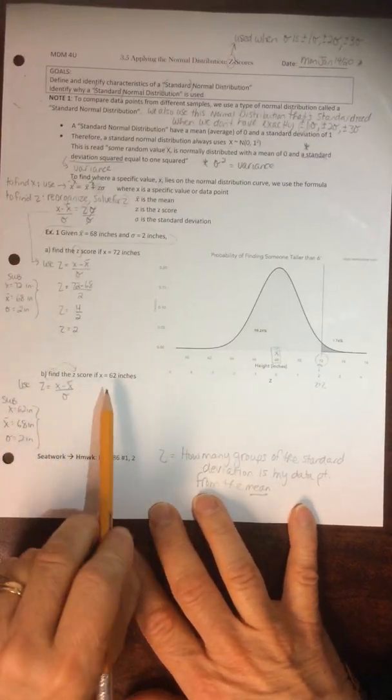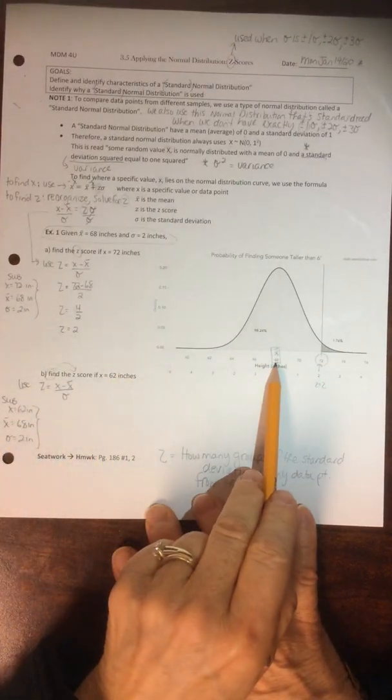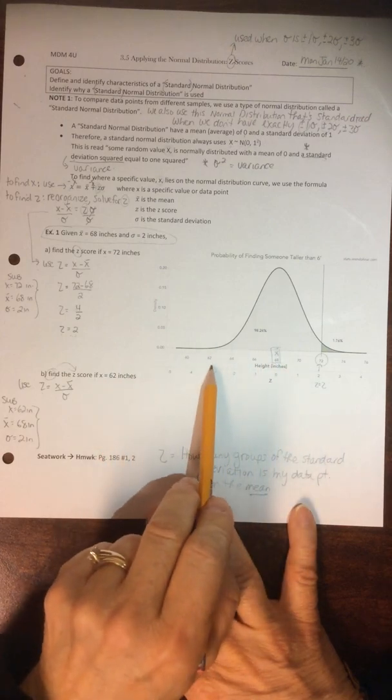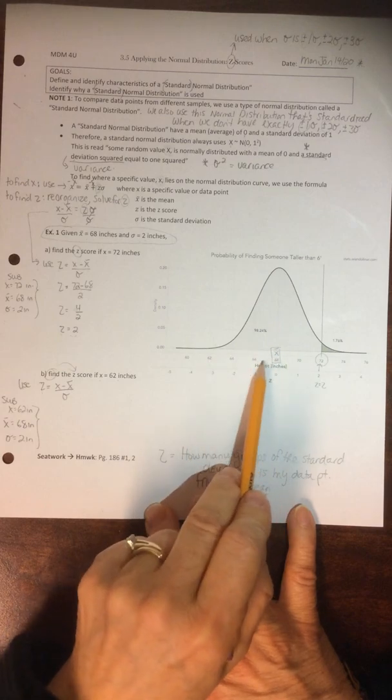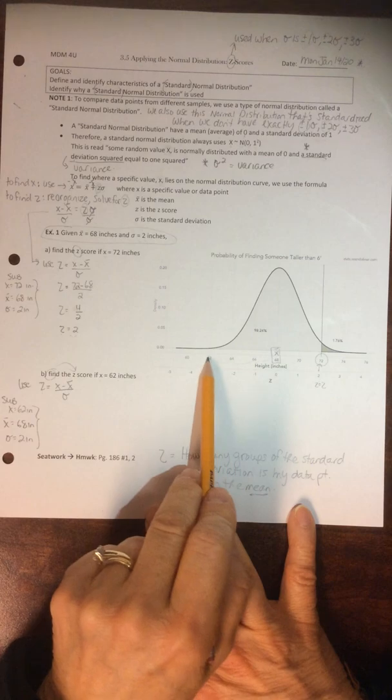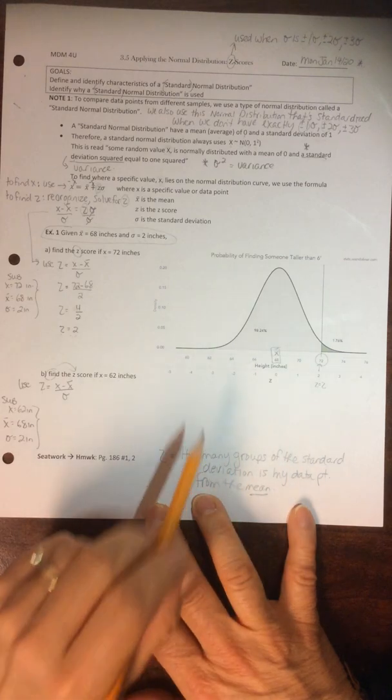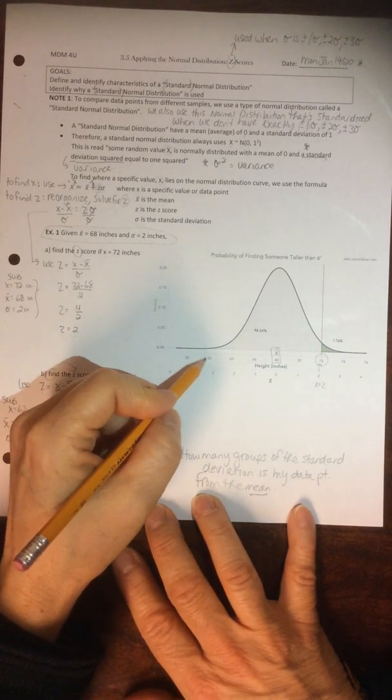So you might say, if that's my mean there and 62 is here, how many groups of my standard deviation am I away? Well, that's one group, that's two groups, that's three groups. So I should get a value of z equals -3. That's where I'm heading.